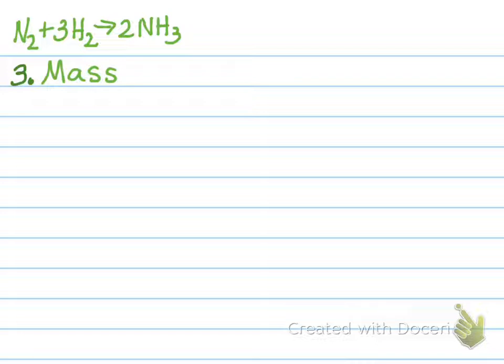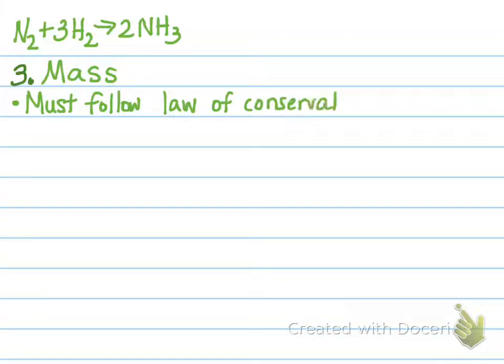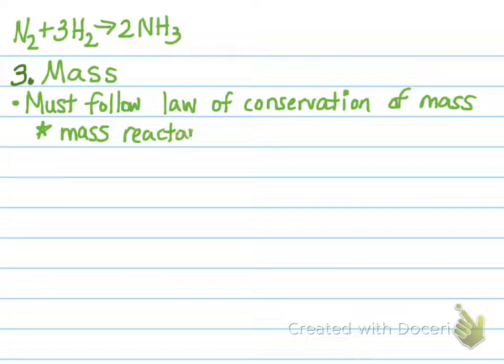Now, we know that our balanced chemical equations must follow the law of conservation of mass. Remember, we've been using the law of conservation of mass when we balance our chemical equations, but the law of conservation of mass also says that the mass of our reactants has to equal the mass of our products.